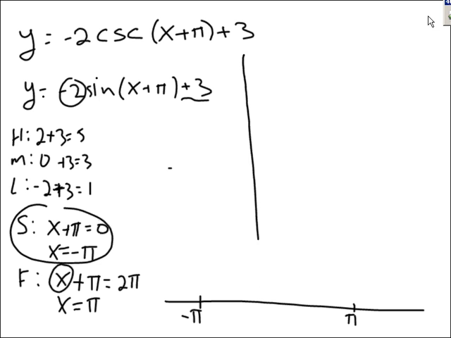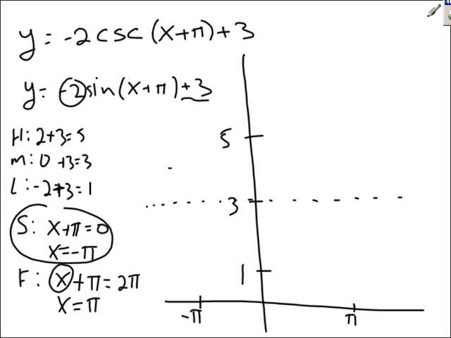Here's my y-axis. I know that's my y-axis. And the lowest point is at 1. The highest point is at 5. And the middle point is at 3. And I'm to draw a sine graph, a negative sine graph that is upside down. So here's the middle. Well, not like here, it is the middle.